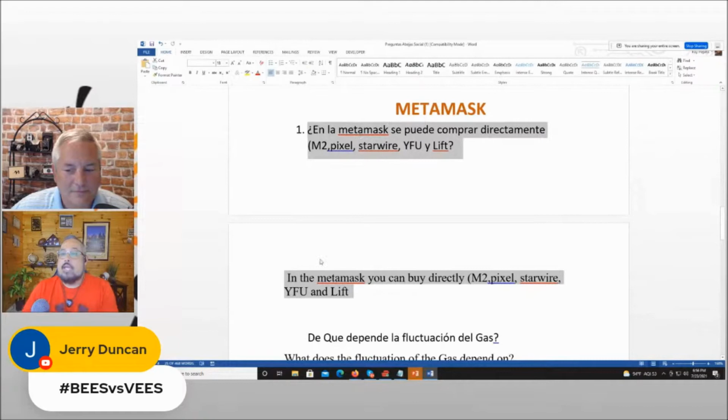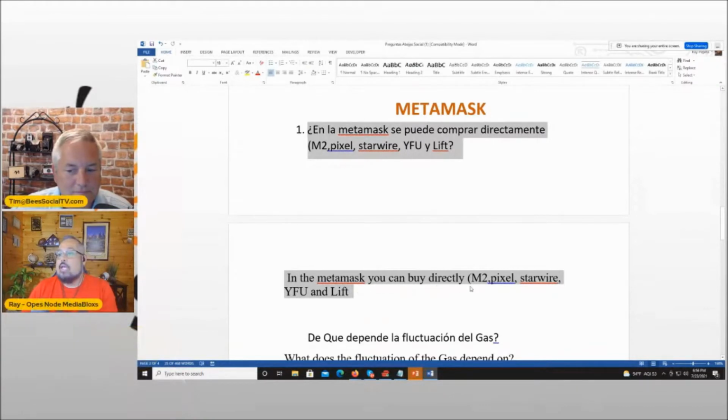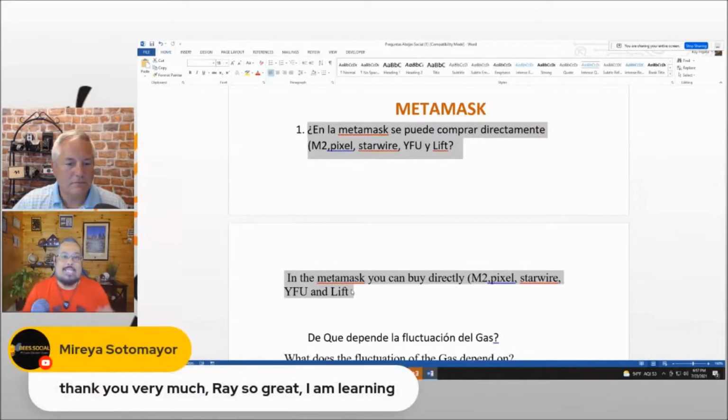In the MetaMask, you can buy directly M2, Pixel, Starwire, Wafu, and Lyft. Now, not directly in MetaMask. What happens is you will connect MetaMask to Bees.Social. When you go to Bees.Social and hit enter exchange, that big button that says enter exchange, it will come up and you'll see the selections.